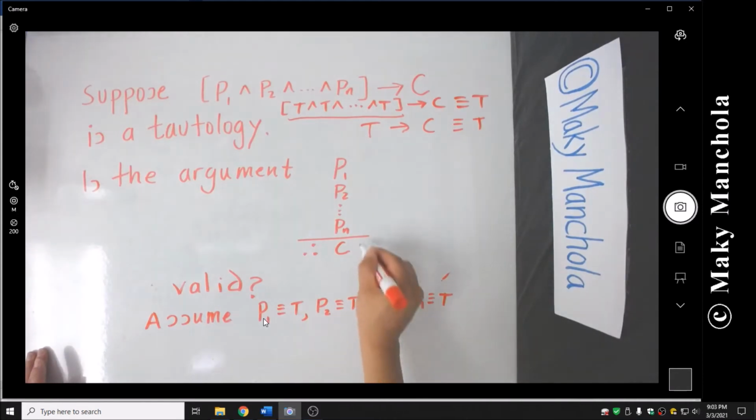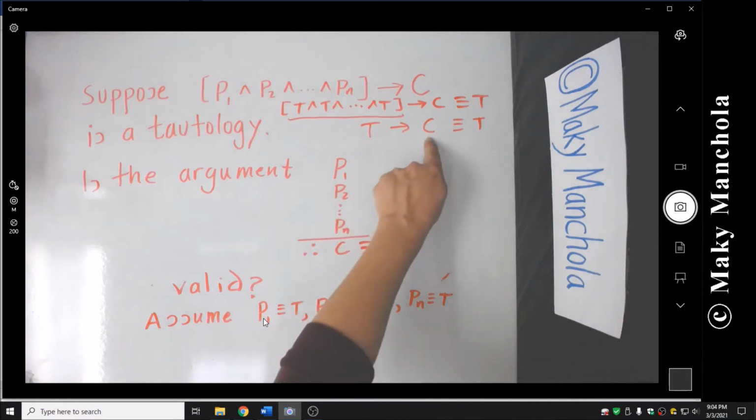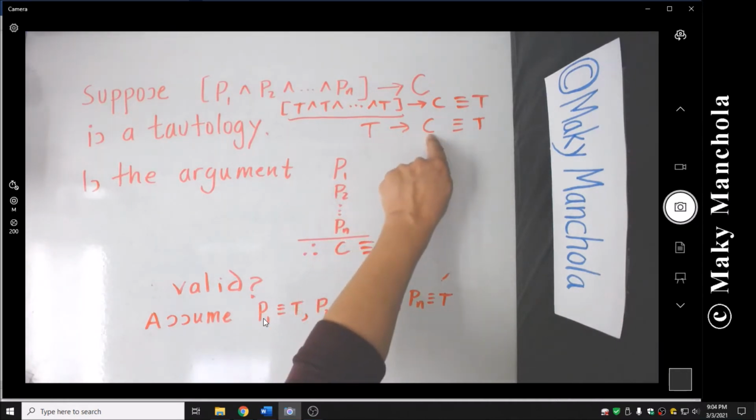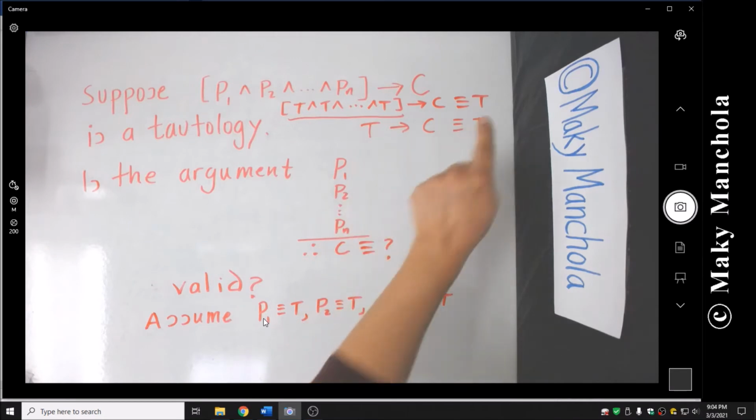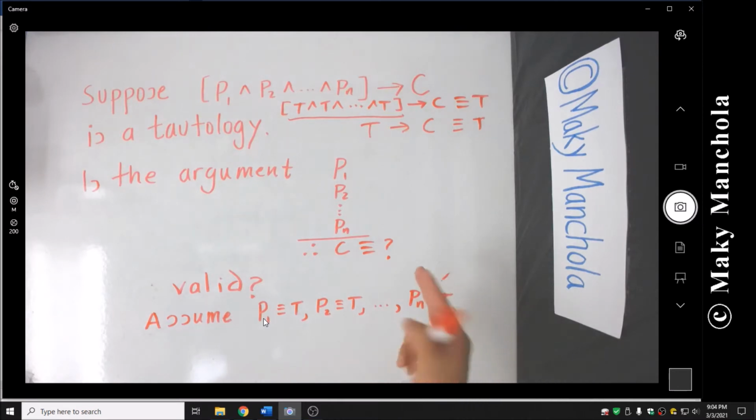Now, what do I get for the conclusion here? Could it be false? Well, if it were false, true implies false, and true implies false is false. It doesn't satisfy our hypothesis that it has to be true. So we have to conclude, yes, the conclusion can only be true.